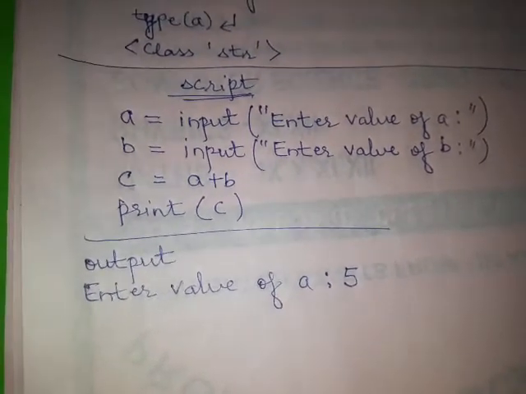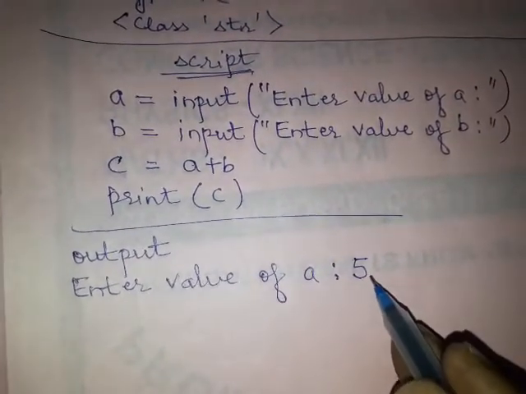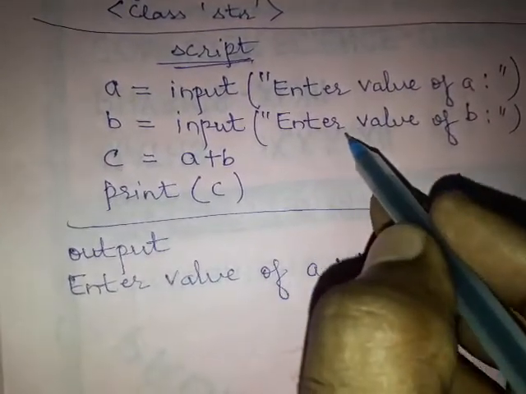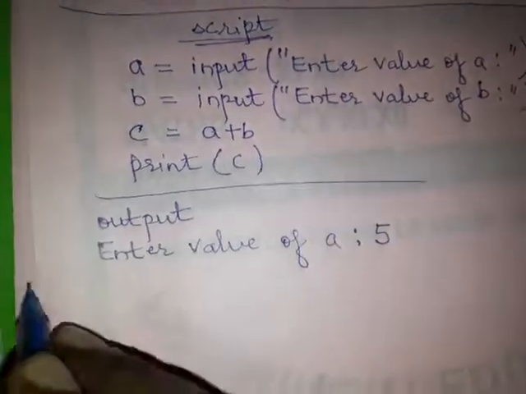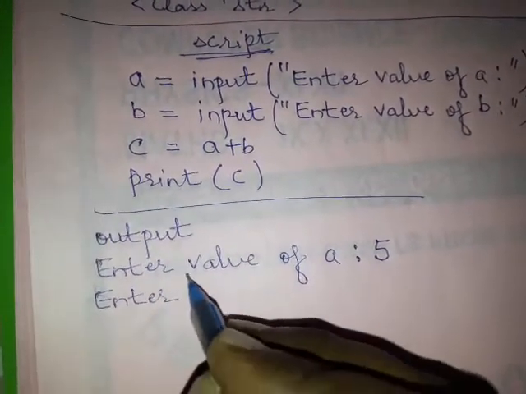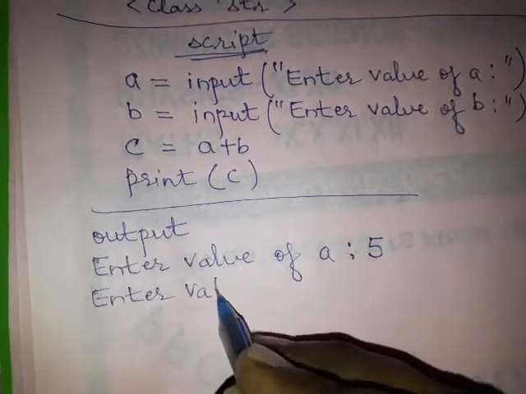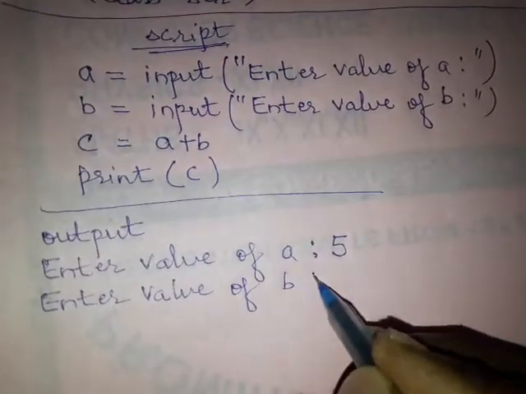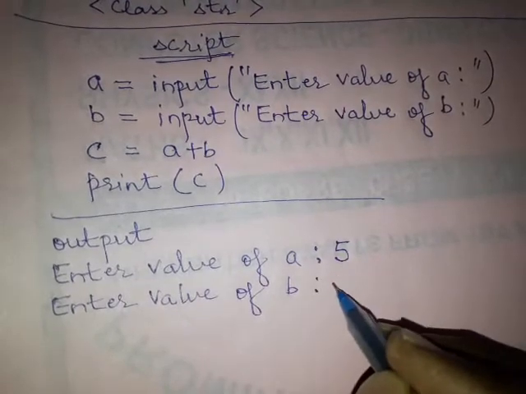After entering 5, when you press enter, the second message will be displayed on a new line: enter value of b. Suppose you type 3.